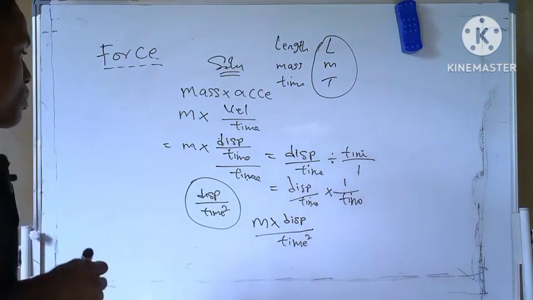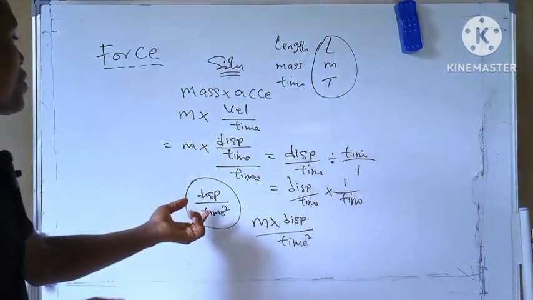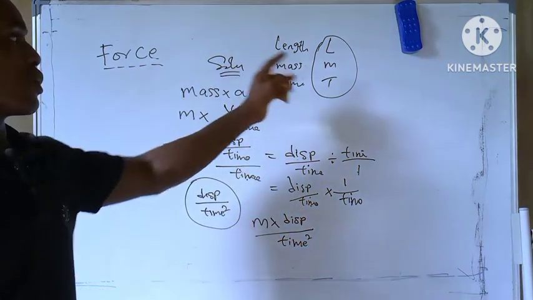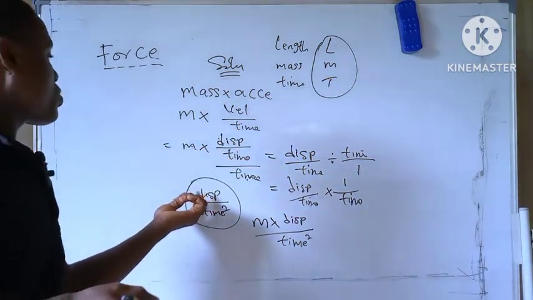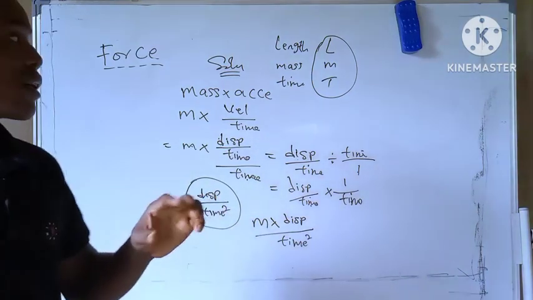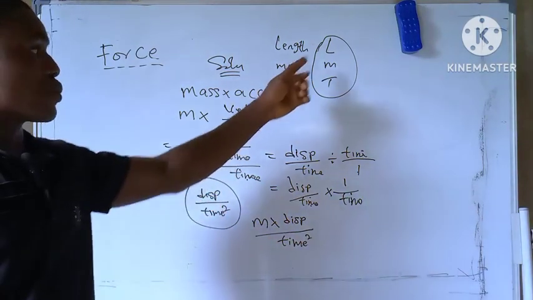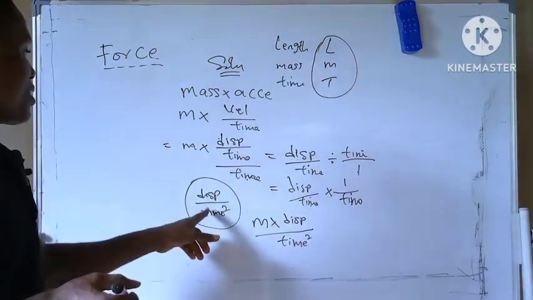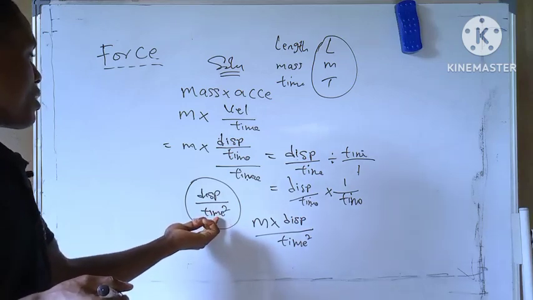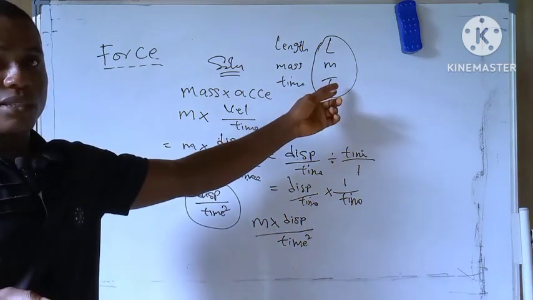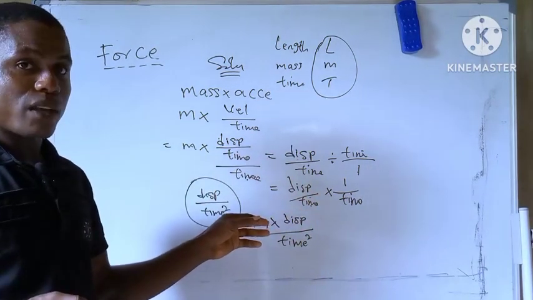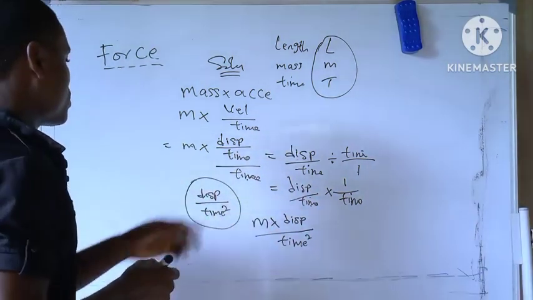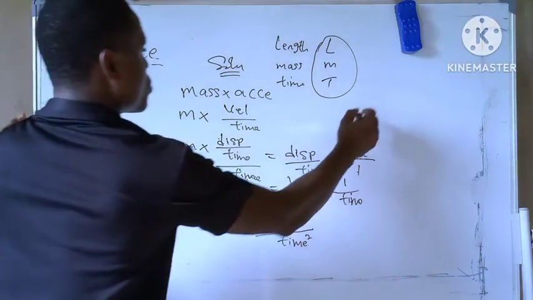Are you getting it? So we have to change everything here in order to correspond with these 3 physical quantities. In the place of displacement, we can represent it as length. And we all know the symbol of time is T, and the symbol of mass is M. So let's change displacement to length.